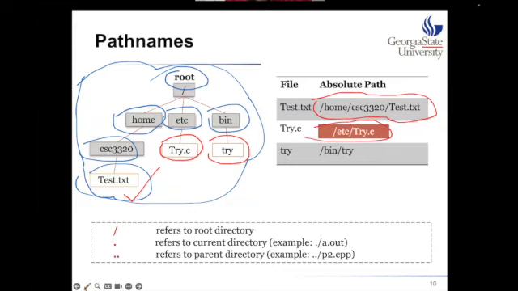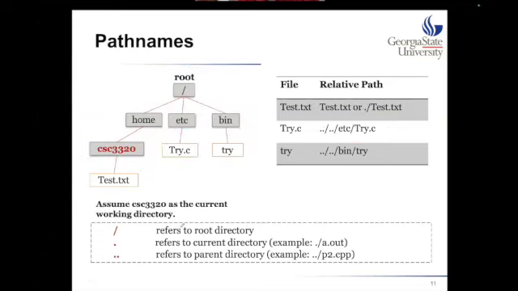Let's move to the next slide and understand how relative paths actually work. In order to understand relative paths, first of all, you have to ask, what is my current location, where am I currently at? For example, we are currently meeting with respect to GSU computer science. So this is our current relative location. Similarly, when you understand paths in a computer system, you have to understand where you are currently at.